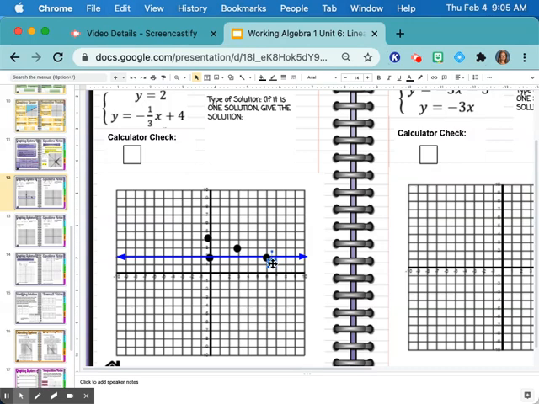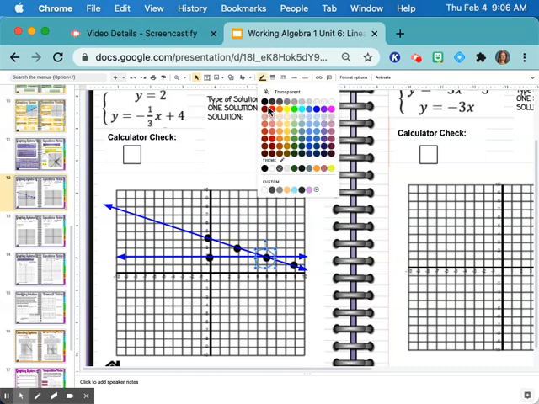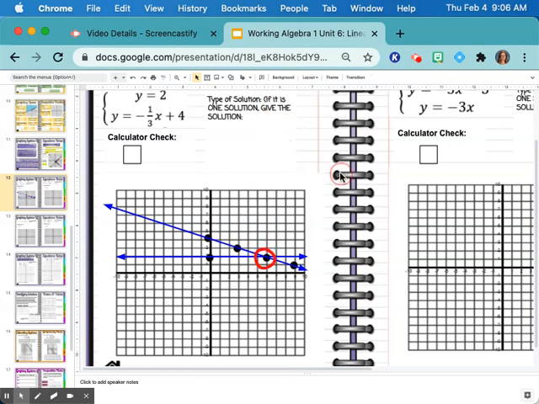Okay. Down 1/3, 1, 2, 3. And now draw your line. Okay, so our intersection point, let's go ahead and circle it. And I'm going to color it red and then darken it up. There we go.